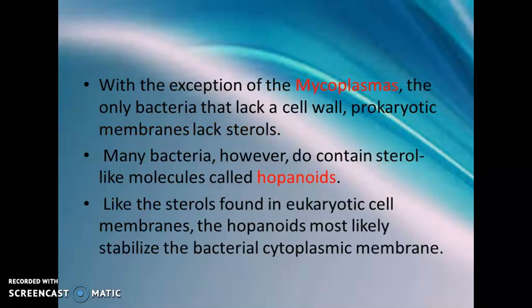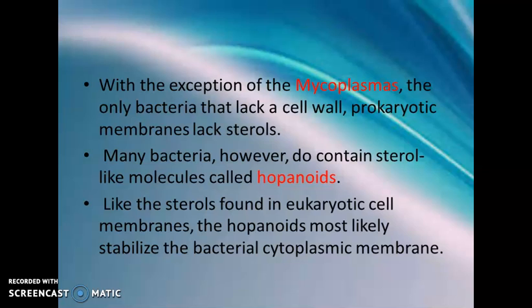All bacteria possess a cytoplasmic membrane, with the exception of certain bacteria, that is mycoplasmas, the only bacterium that lacks a cell wall. The prokaryotic membranes lack sterols. Many bacteria, however, do contain sterol-like molecules called hopanoids.